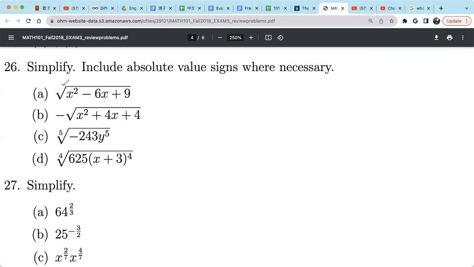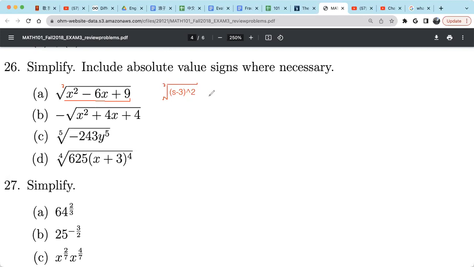So the index is 2, which means whatever comes out has to be positive, not negative. We see the inside is a perfect square: x minus 3 squared, then square root.